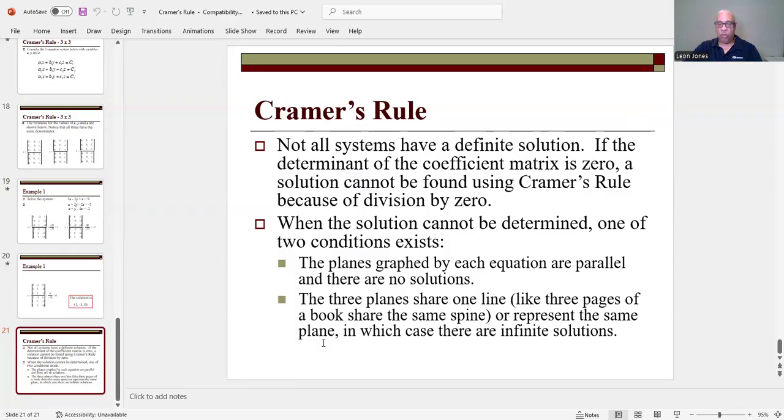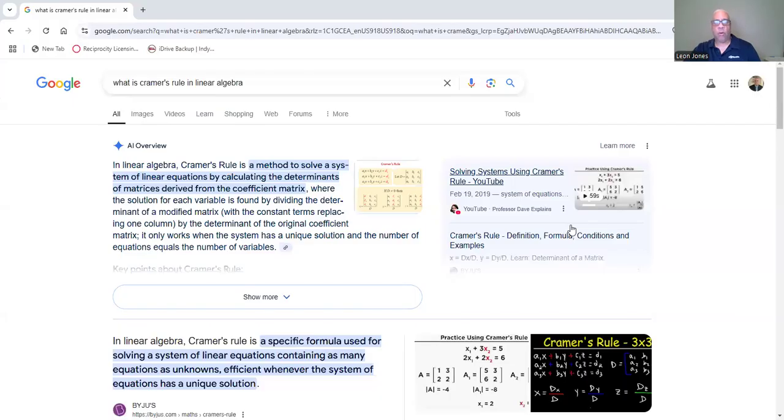So let me share my screen again, and let me just give you the overall definition of Cramer's rule for linear algebra.